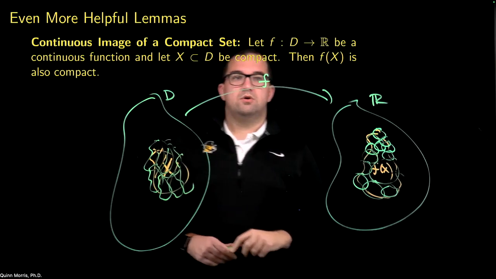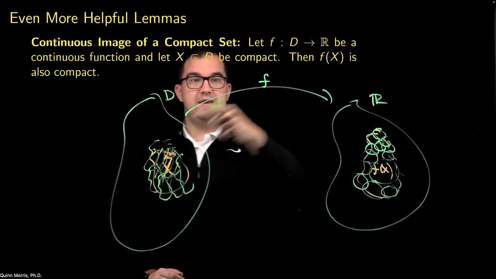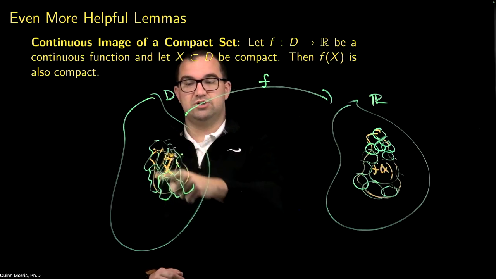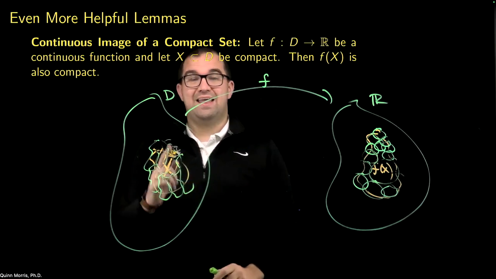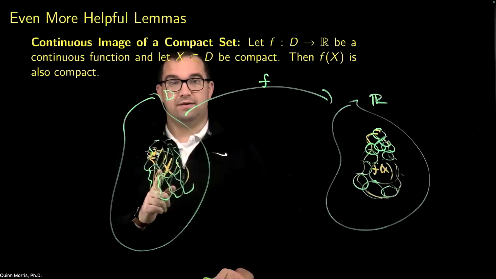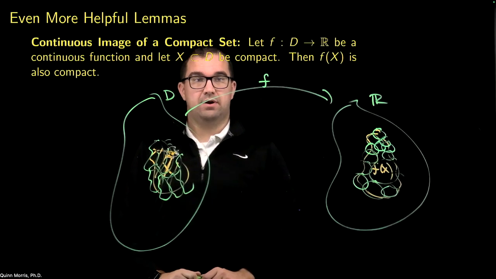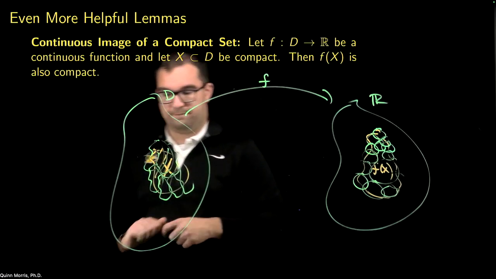Okay. So I took an arbitrary open cover of f of X. I took the pre-image of all those open sets. That actually gives me an open cover of X. But X I know is compact. Since X is compact, it has a finite subcover. So I select a finite subcover over here, right?